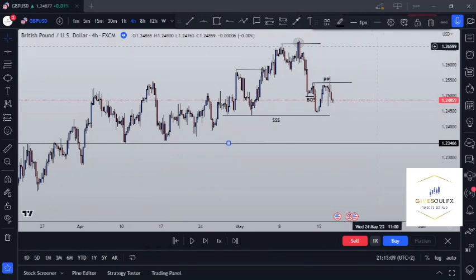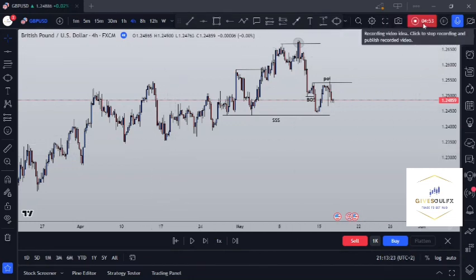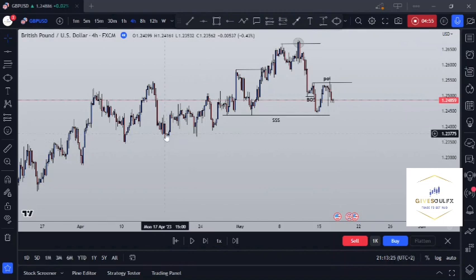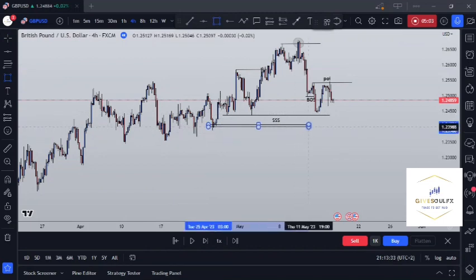Okay, remember that when we want to find the order blocks, we have to find the order block that is closely at the support level or resistance level, which we call our key zones. So I had another bullish order block here, waiting over here.